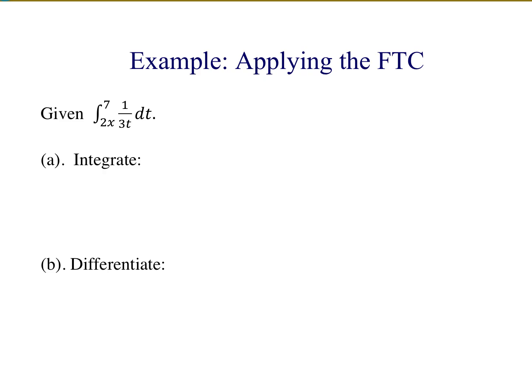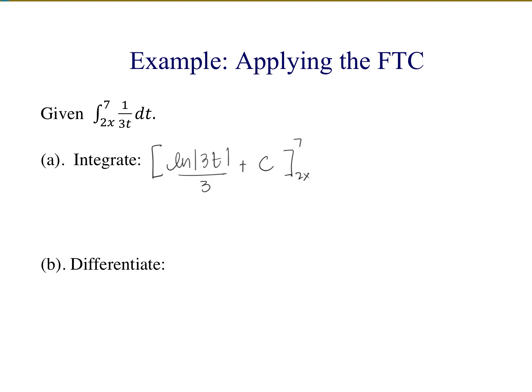Right? To integrate an integral, we're going to go through the process of finding the antiderivative. So the antiderivative is the natural log of the absolute value of 3t divided by the chain rule of 3, plus c, going from 2x to 7.